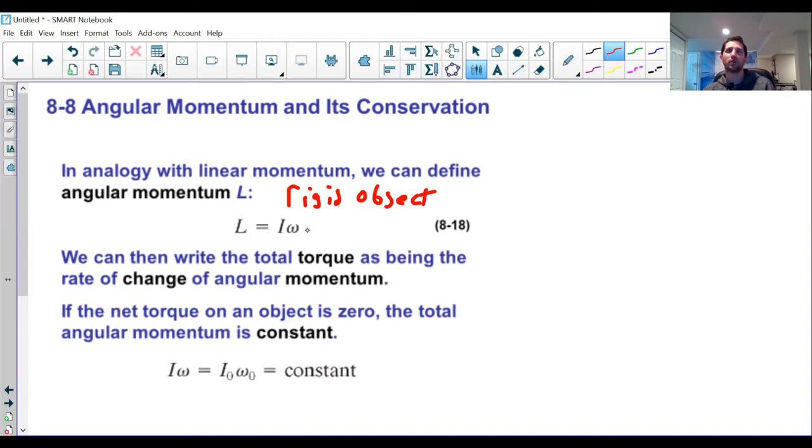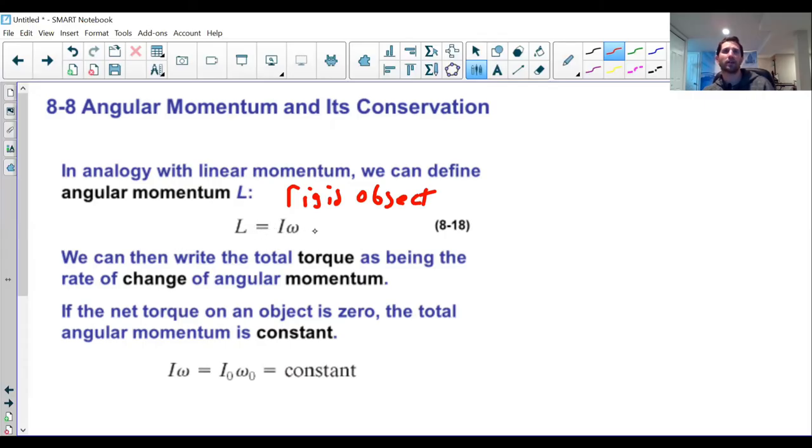Rather than using the r m v sine of the angle, we can use this expression instead, because it takes into account the position of every single particle that makes up the rigid object, and it multiplies it by its velocity. Well, its velocity is going to be basically omega times r.